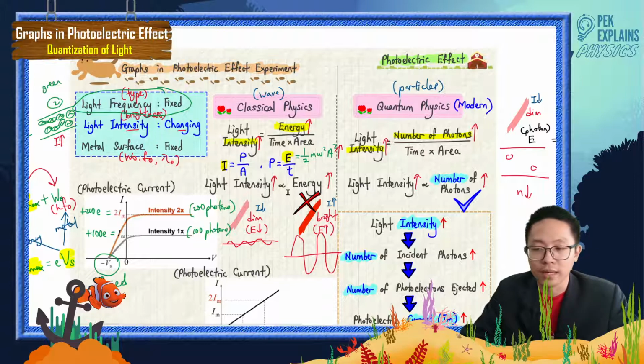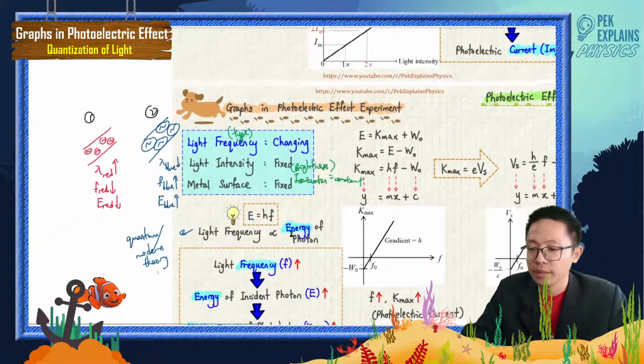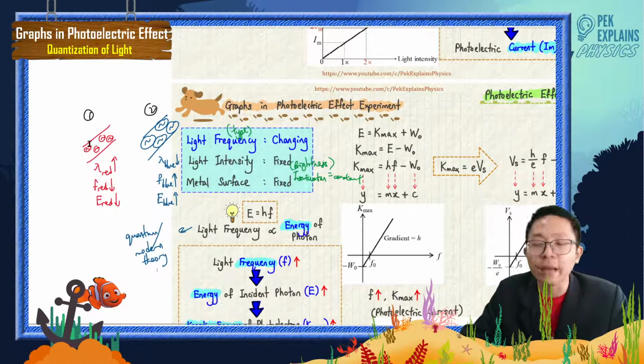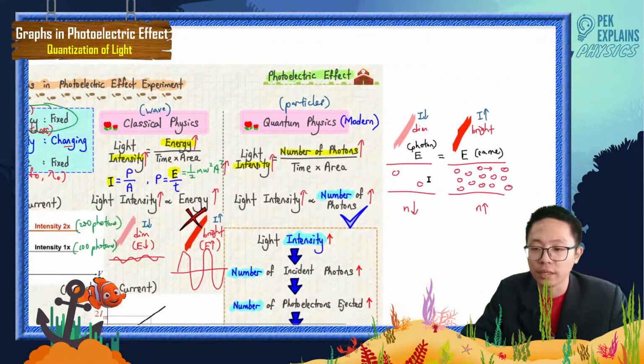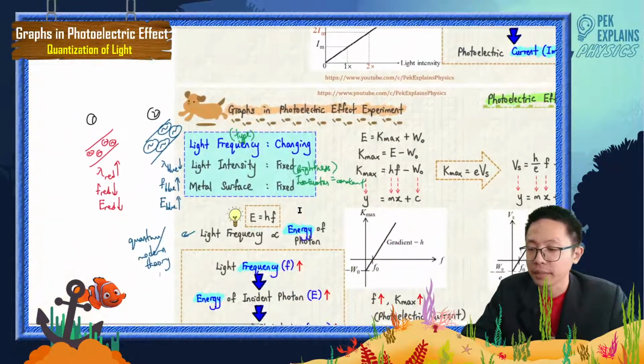But quantum physics says the energy of photon does not depend on intensity. Energy of photon depends on frequency, on the type of light instead of the intensity of light.